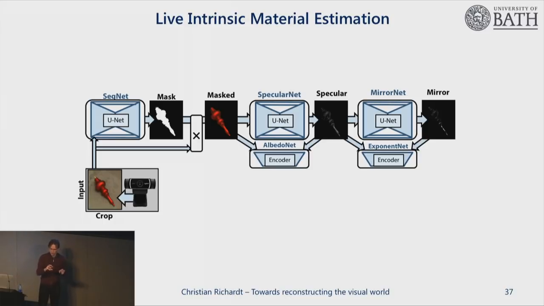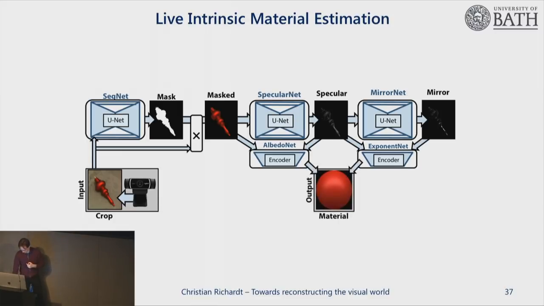Each of these steps is more well-defined and simpler to learn and train, and we can generate training data for all of these intermediate stages. So we can train all of these networks individually, and then train everything end-to-end, fine-tune it, and make it work end-to-end. The output of everything is our material. It's 5 different parameters: a diffuse albedo with 3 components RGB, the specular albedo, one component, and the shininess, which is another component.